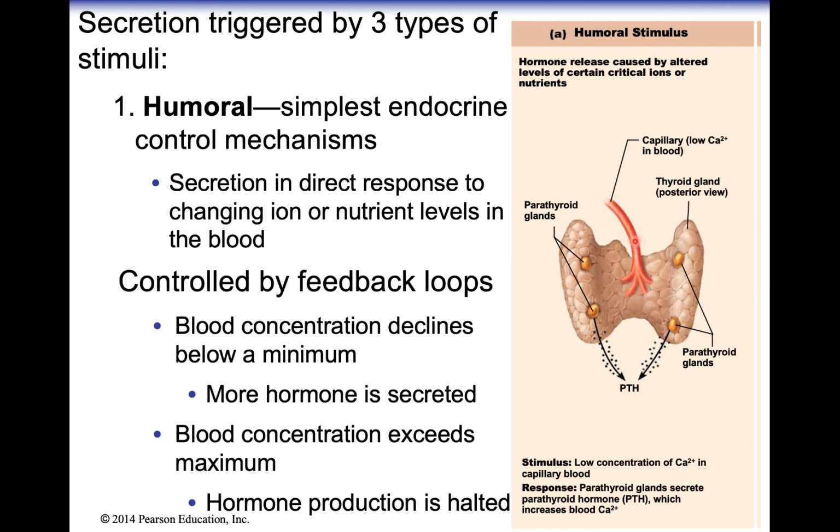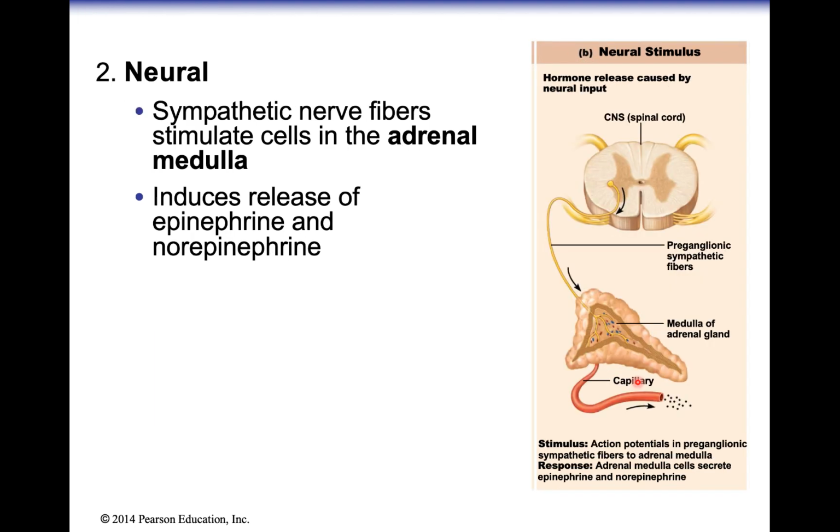If the chemoreceptors sense that your blood calcium is too low, they're going to send signals to the parathyroid glands, and they're going to say, hey, parathyroid gland, our blood calcium levels are way too low. So the parathyroid glands make parathyroid hormone. And the job of parathyroid hormone is to increase your blood calcium levels back to the normal amount.